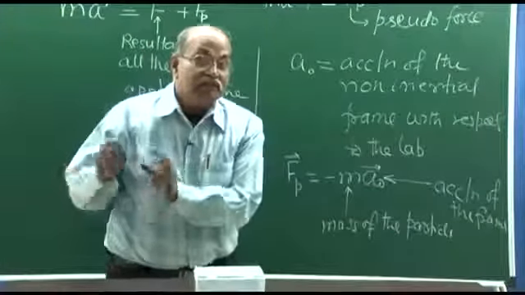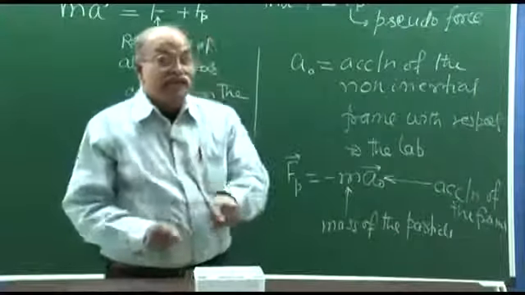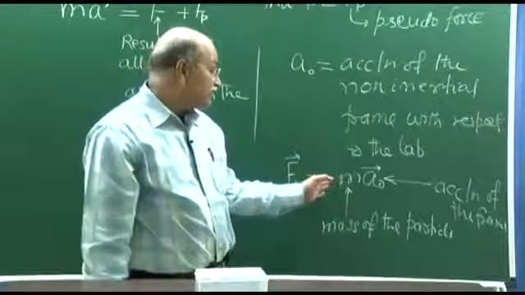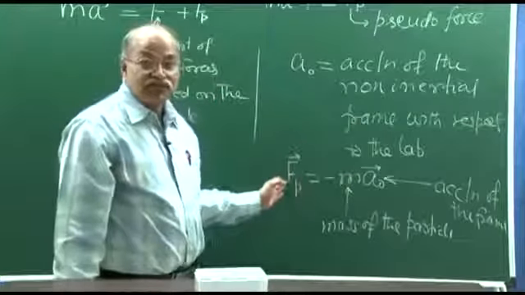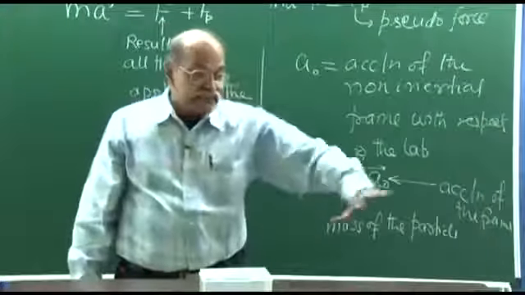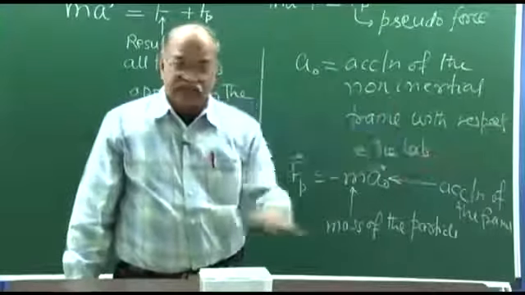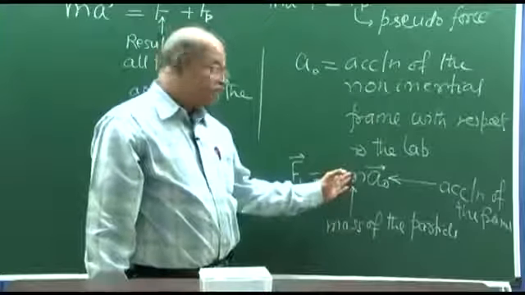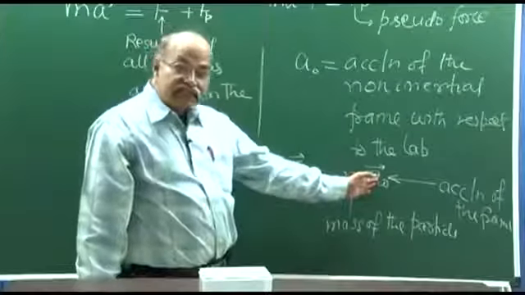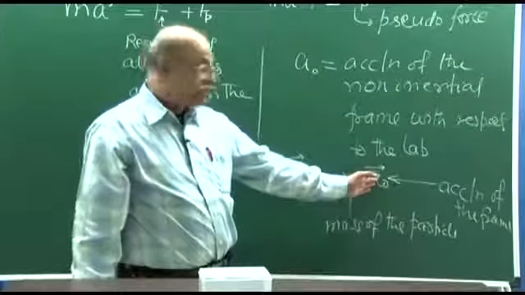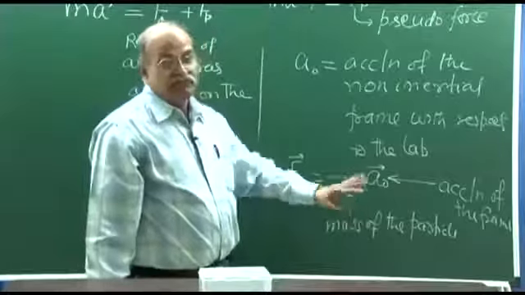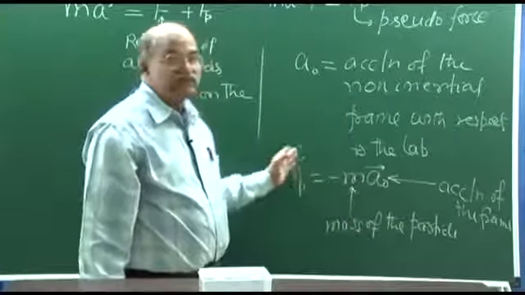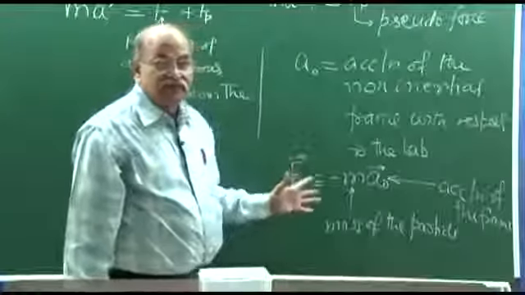You take the mass of the particle and the acceleration of the box and then multiply and put a minus sign. So, that is the pseudo force. So, for linear acceleration of the frame, it is very simple. You take the mass of the particle, multiply it by the acceleration of the frame with respect to the inertial frame, put a minus sign, that means you reverse the direction, and that is the pseudo force on that particle.